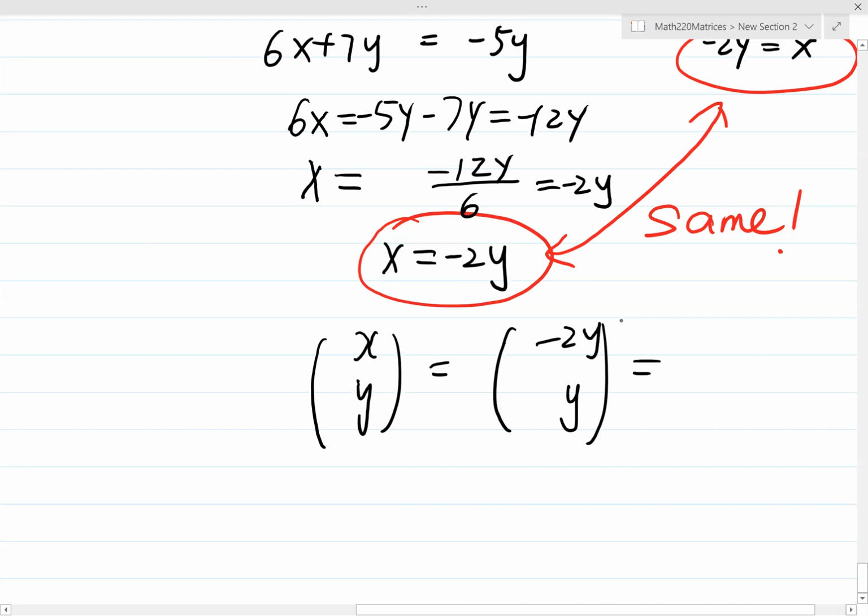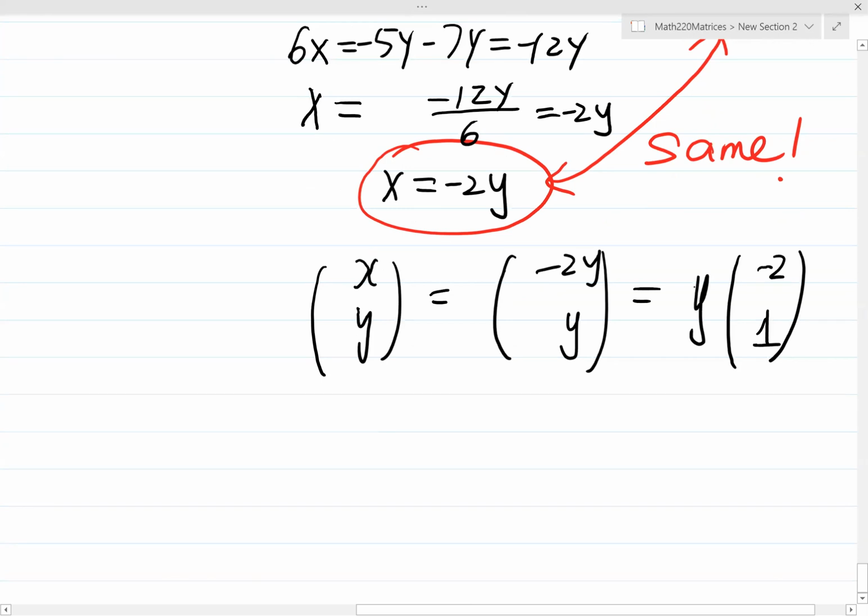If you factor out y, this will be y times (negative 2, 1). So we can normalize this: it's a factor times (negative 2, 1). So we choose v2 to be this, whose norm is root 5 again.